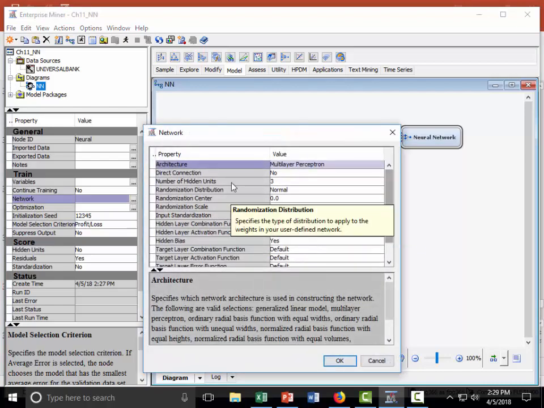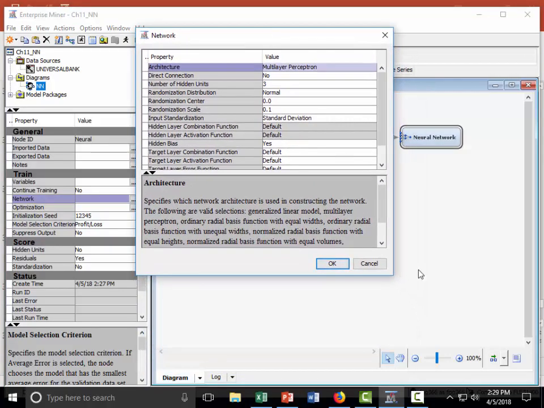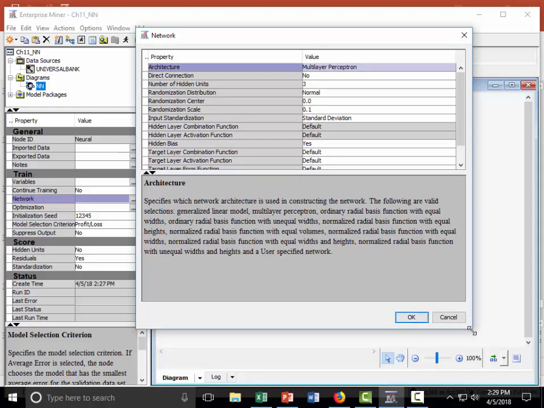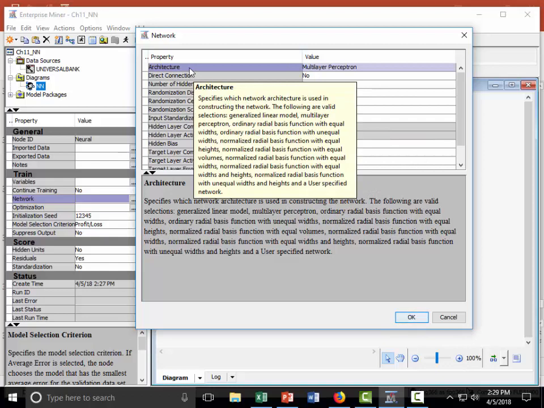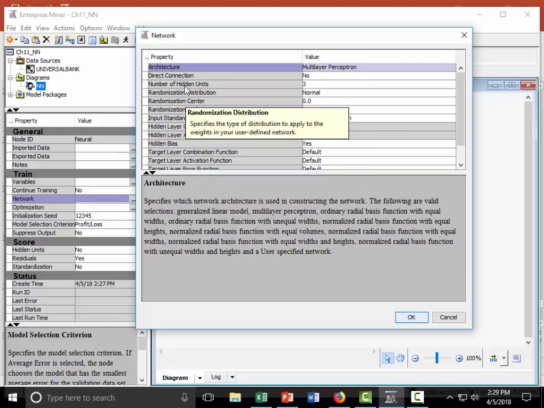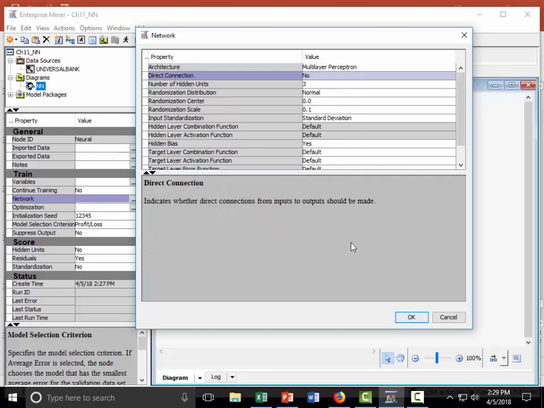So network. So network is where we specify the architecture and the initial values, right? So first is architecture is multi-layer perceptron, which is what we have been looking at. Now, direct connection is if you want the input nodes to be directly connected to the output nodes, in addition to going through the hidden layer.